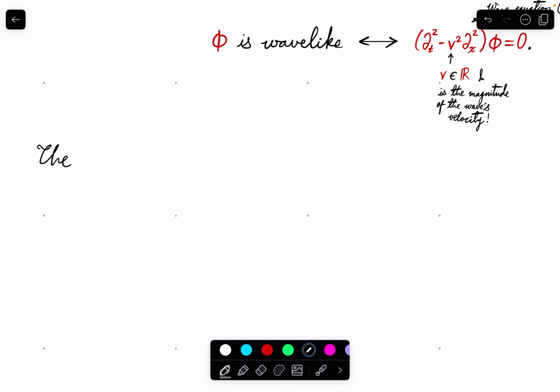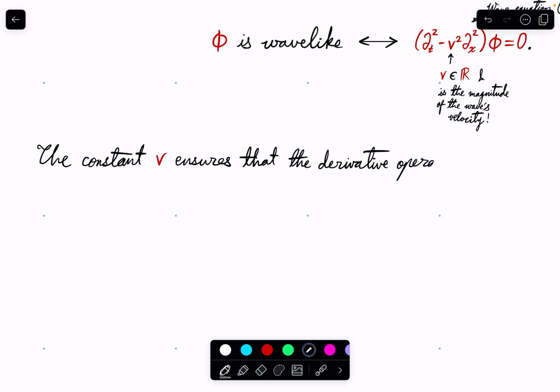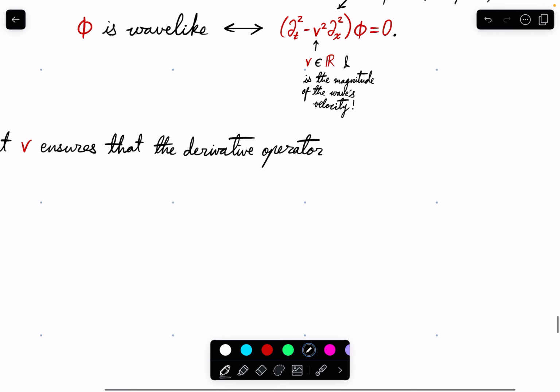The constant v ensures that the derivative operator has correct units.